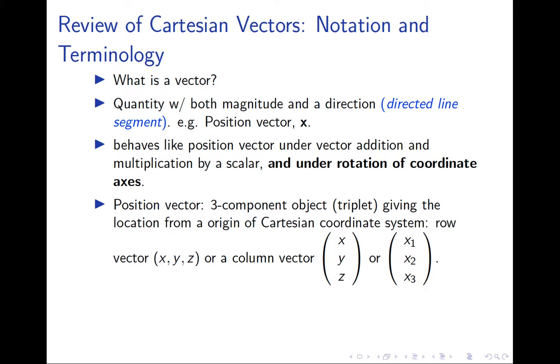So before we look at a general vector, let's study the position vector a little closely. A position vector, which most of you are familiar with from high school, is a 3-component object or a triplet, giving the location from an origin of a coordinate system. So usually it is given either by a row vector or a column vector, x, y, z, these components.